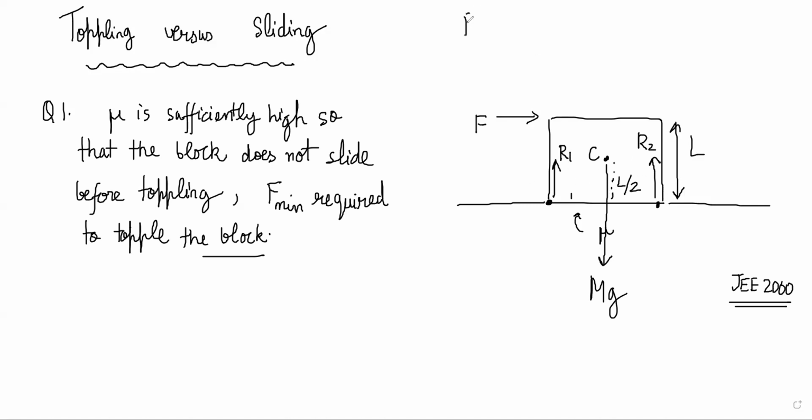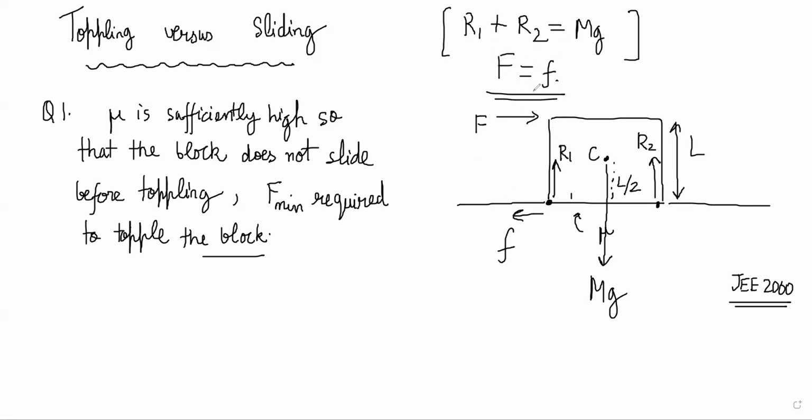In equilibrium, R1 plus R2 must be equal to mg. That is the vertical forces, and friction is acting backward, so F must be equal to small f, right? This is the force equilibrium. Also, the torque of all the forces should be zero about the center of mass.